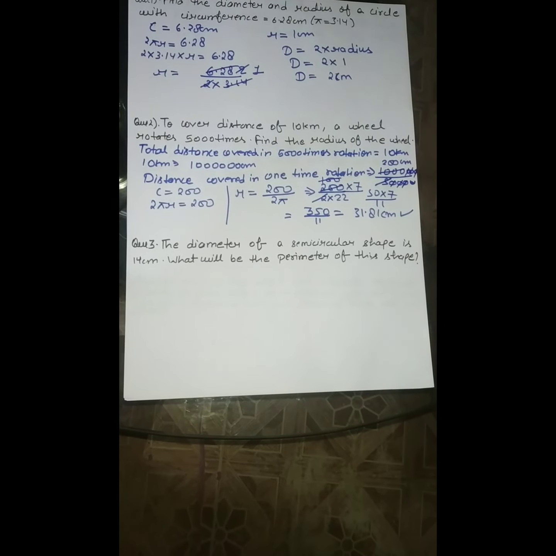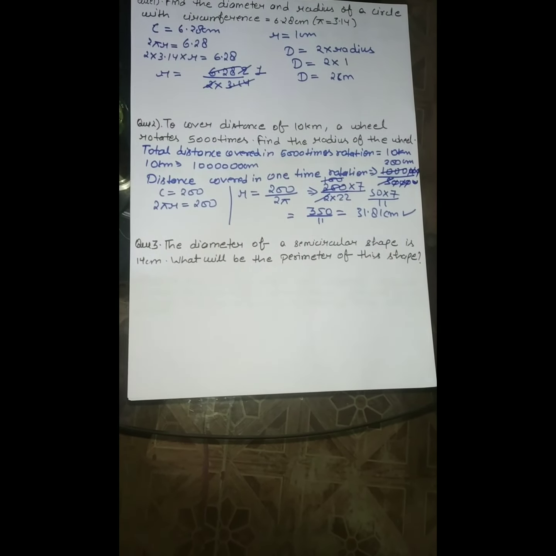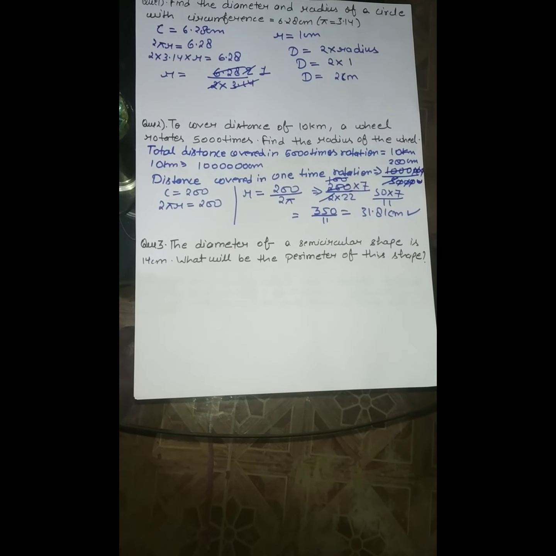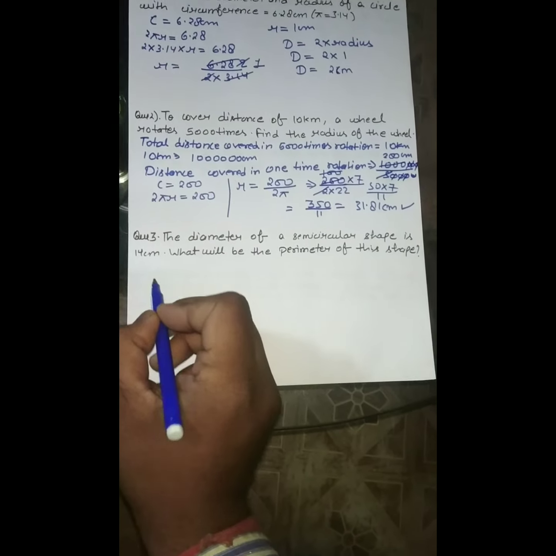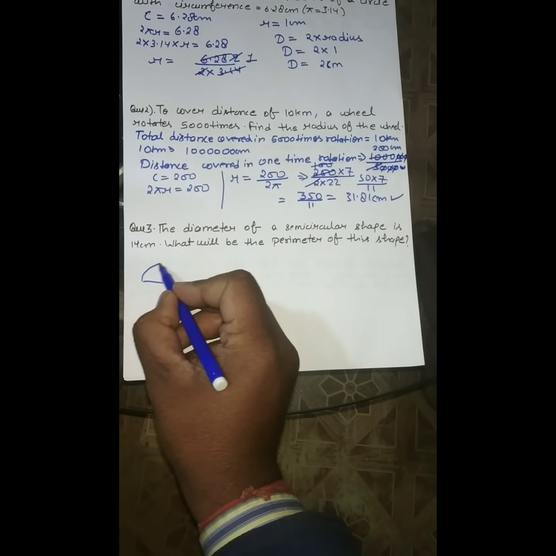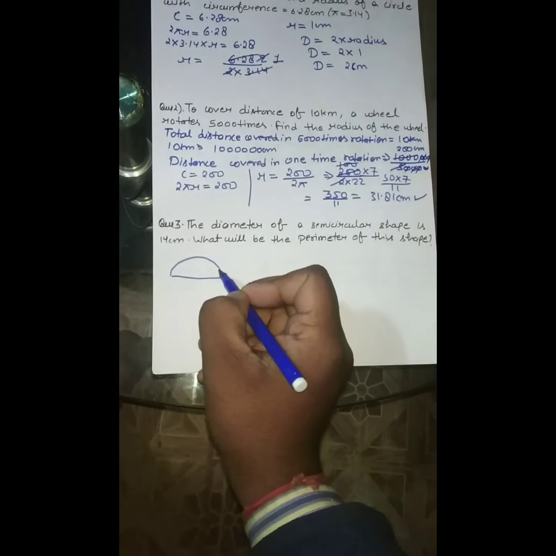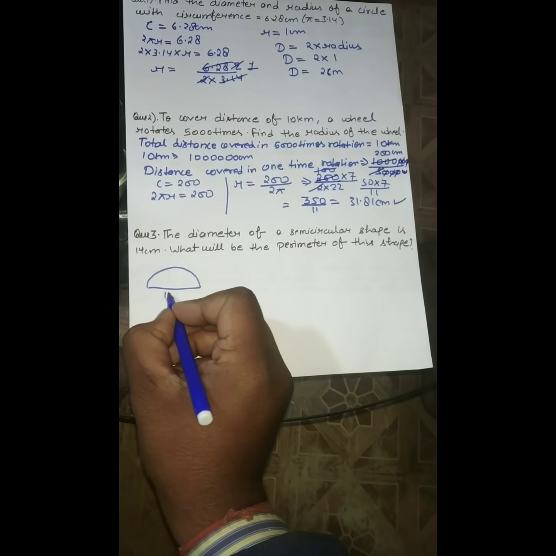Got it, guys? Now see, question number 3: the diameter of a semicircular shape is 14 centimeter. So what will be the perimeter of the shape? So guys, assume that here is a semicircle whose diameter is 14 centimeter. Got it?